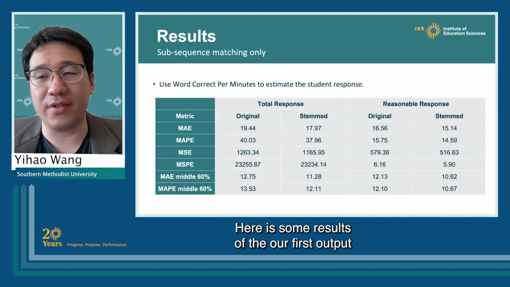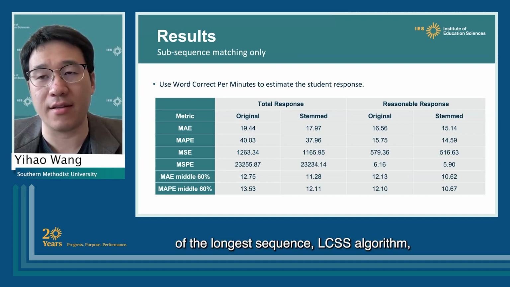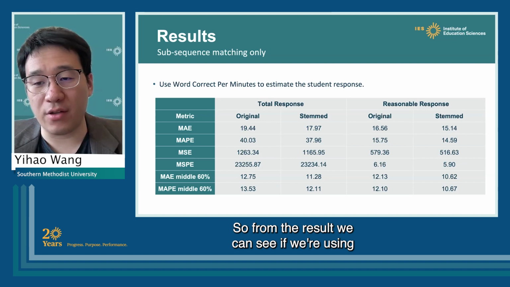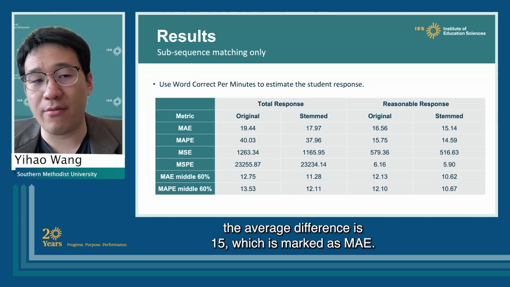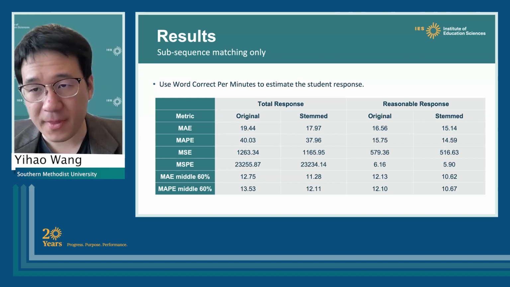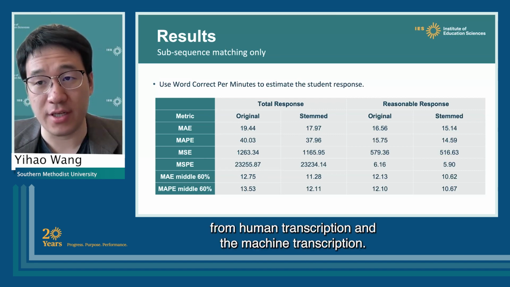Here are some results of our first output of the LCS algorithm, the longest common subsequence. From the result, we can see that if we use reasonable responses, longer than 10 words, the average difference is 15, which is the MAE. So on average, there are 15 words different between the human transcription and the machine transcription.